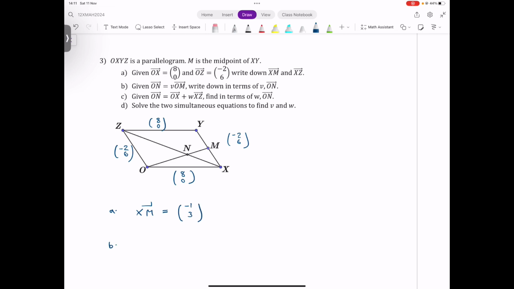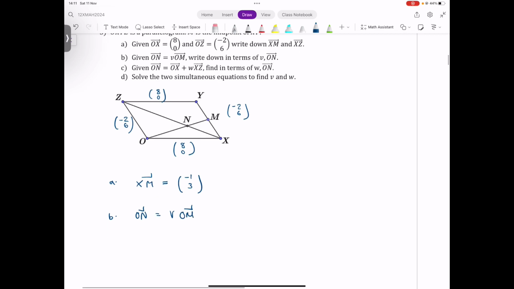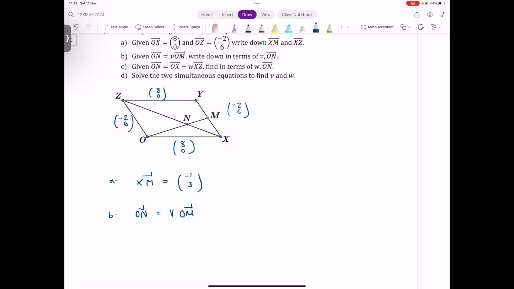Part B, we're given ON is V times OM, write down ON in terms of V. We're told in the question that ON is equal to V times OM, but we only want it in terms of V, not in terms of OM. So we figure out what vector OM is. OM is simply going to be the addition of OX plus XM.